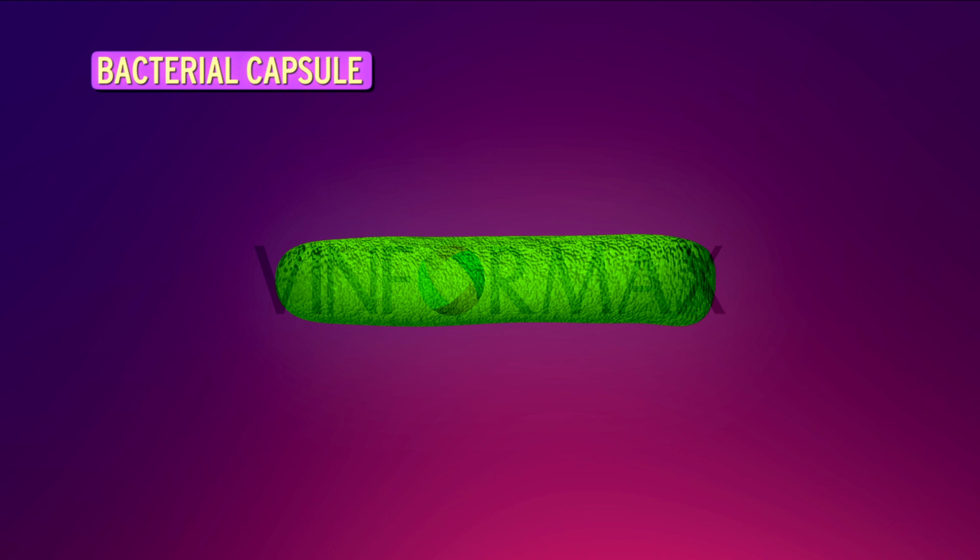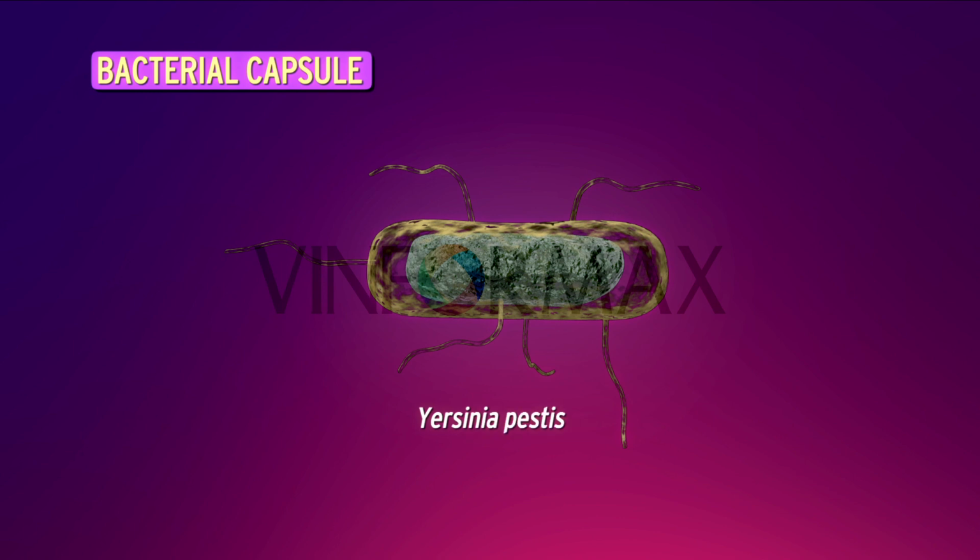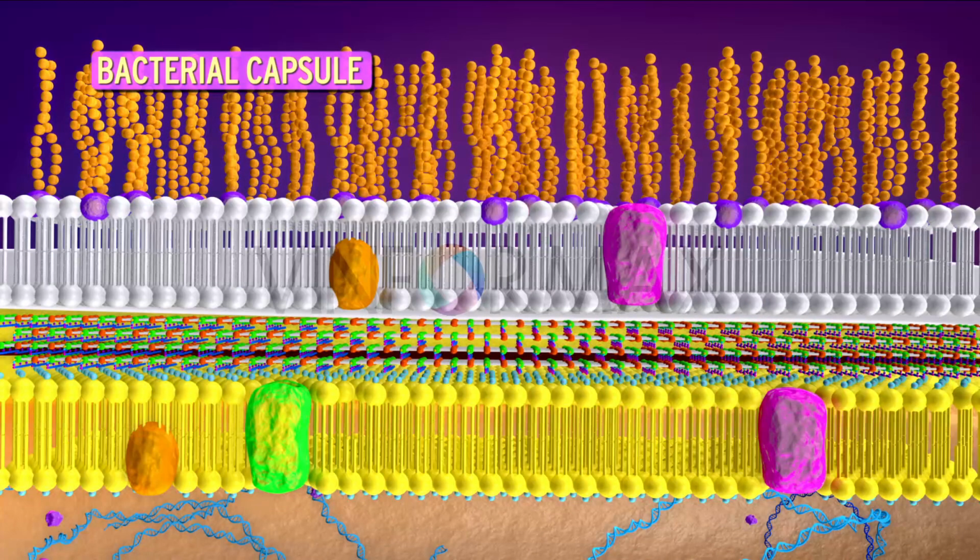However, the capsule of Bacillus anthracis is composed of a polypeptide, that is, polyglutamic acid. Yersinia pestis produces a capsule of mixed amino acids. Capsules may be weakly antigenic to strongly antigenic, depending on their chemical complexity.